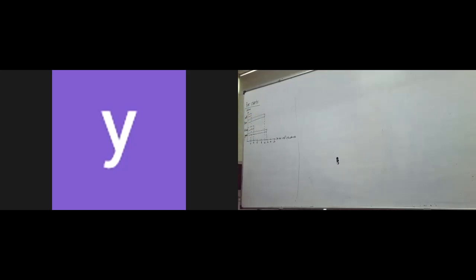Okay, so you can see. And then if they ask you to find the percentage, just do the same way as I taught you yesterday. Example, total students in the class. You just have to add everything. So this is 2, this is 10, this is 4, this is 12.